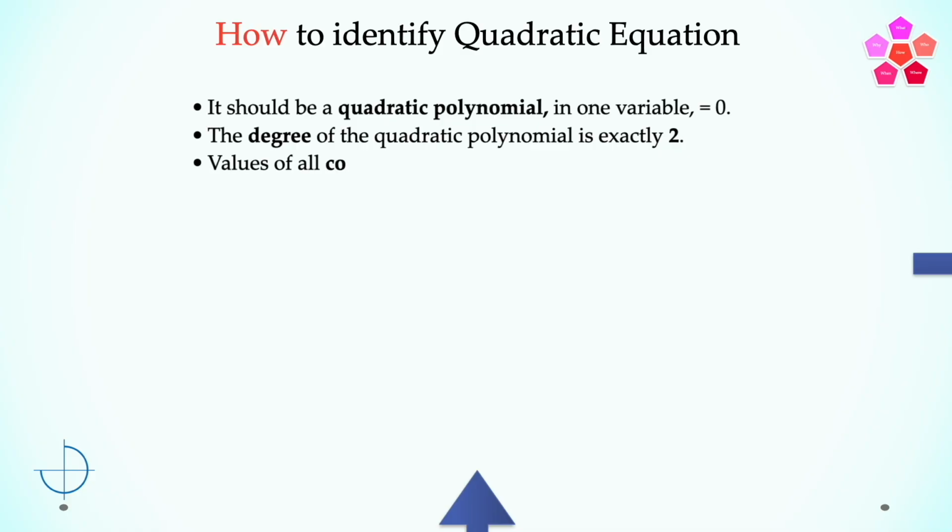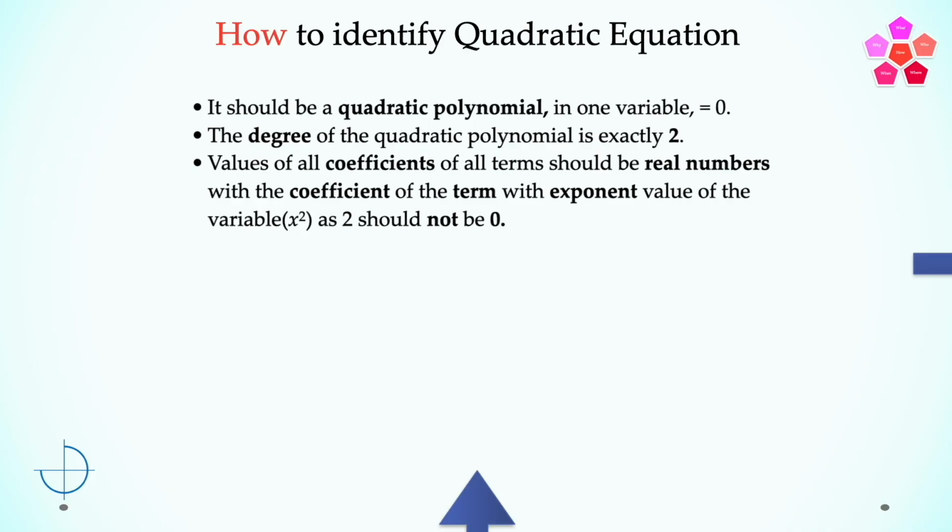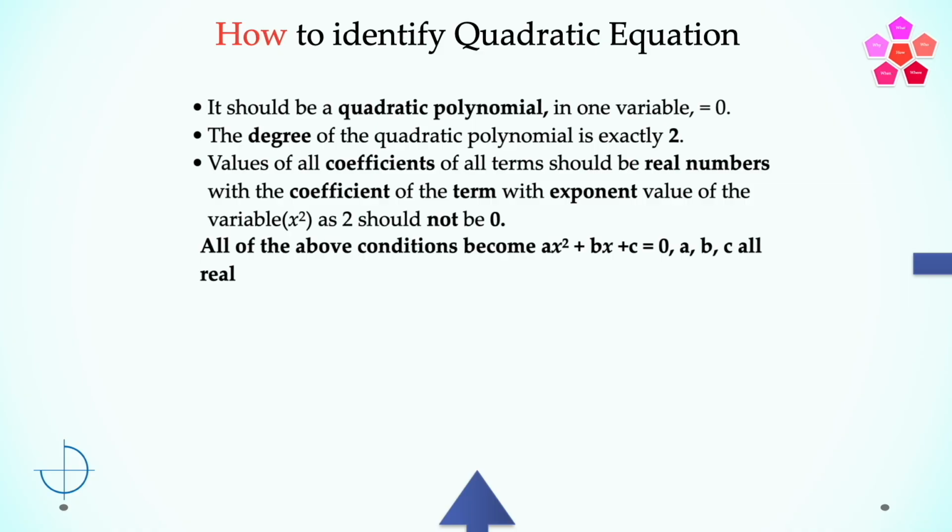All coefficient values of all terms should be real numbers. And the coefficient of the term with exponent value of the variable as 2 should not be equal to 0. All these conditions become ax squared plus bx plus c is equal to 0, where a, b, and c are all real numbers and a is not equal to 0.